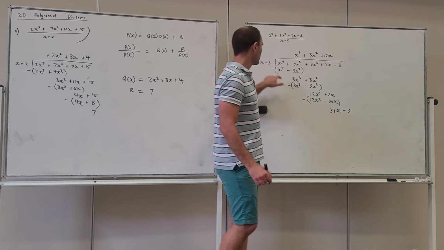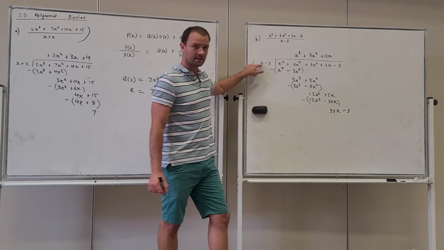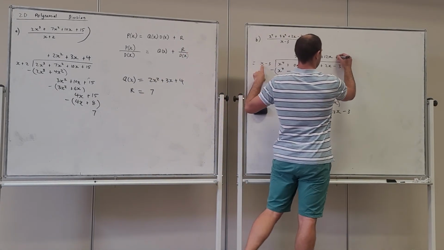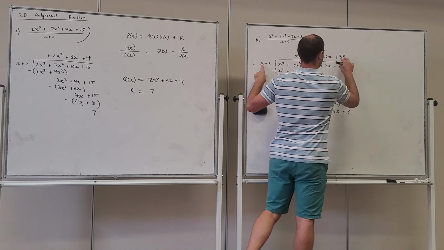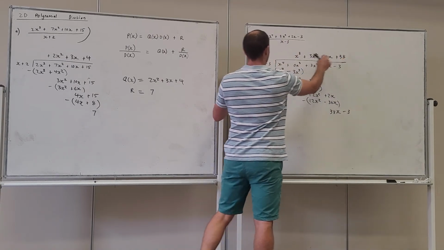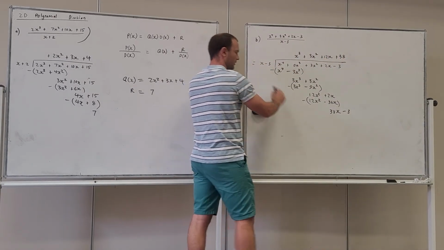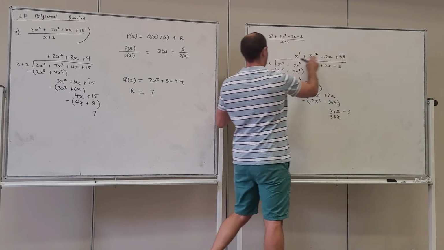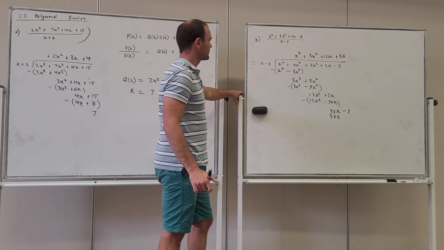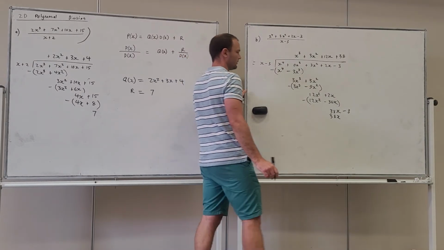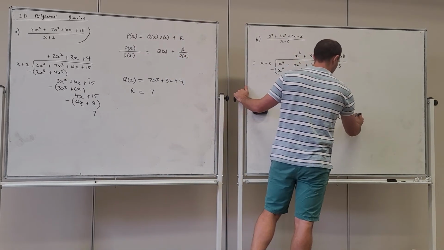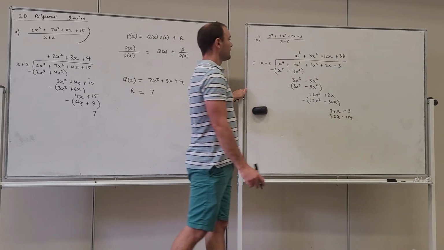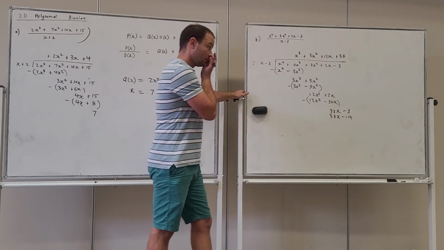All right, what do we multiply x by to get 38x? Positive 38. Okay, so let's multiply that through. 38 times x is 38x. And 38 times minus 3 is going to be minus 114. We'll subtract it away.